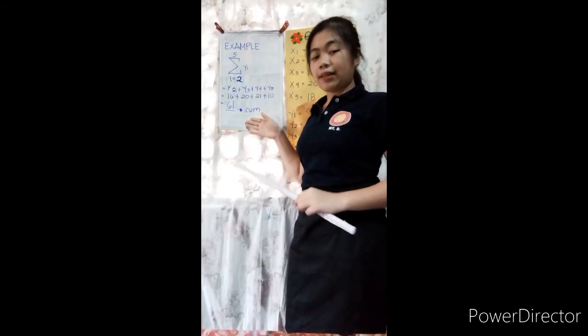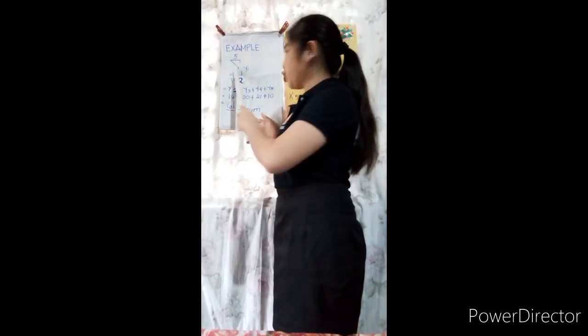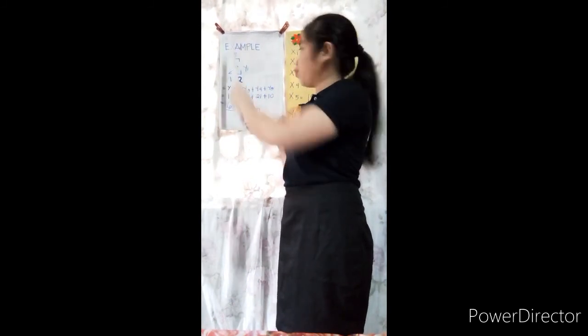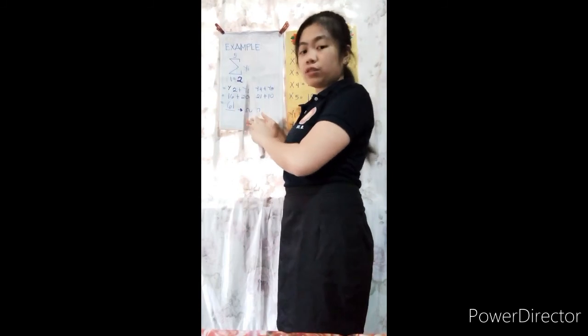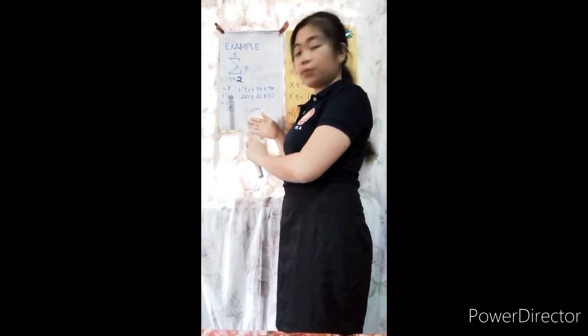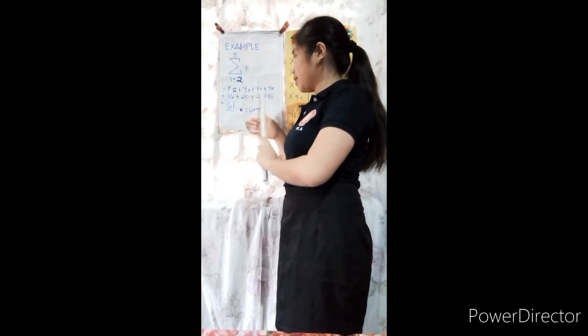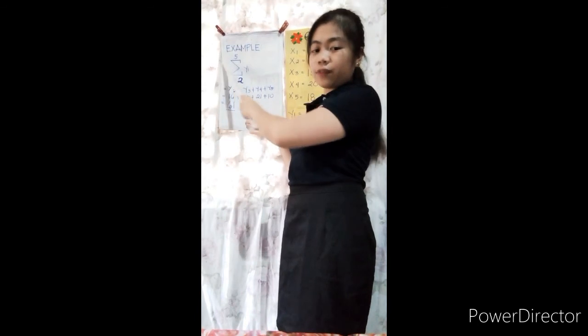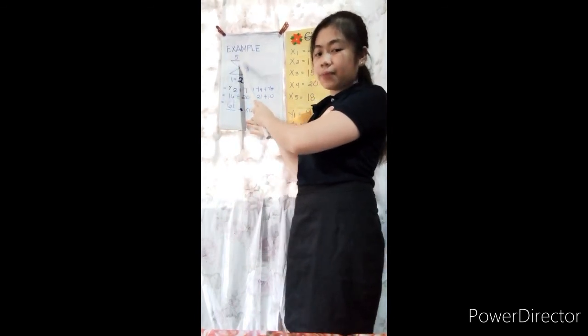This is our last example. Summation of y sub i where i ranges from 2 to 5. Since our first value is 2, masugod kita sa 2. Y sub 2 plus y sub 3 plus y sub 4 plus y sub 5. Since our last value is 5, sa 5 kita napundo.